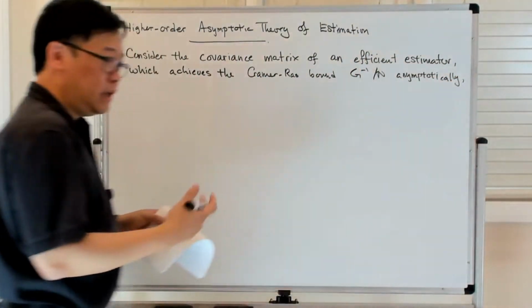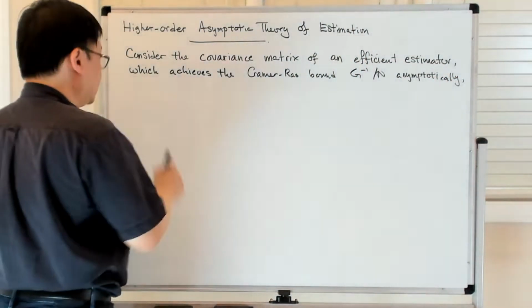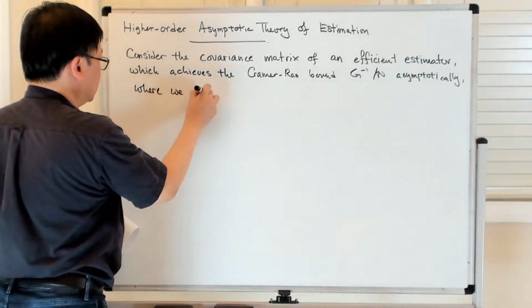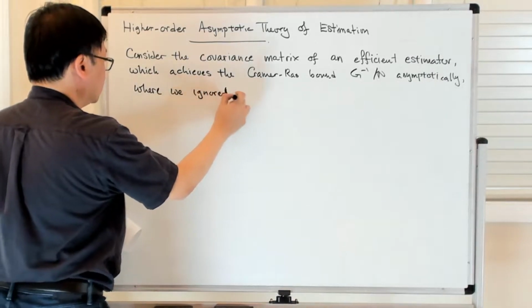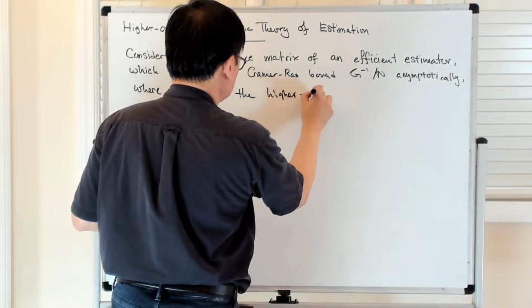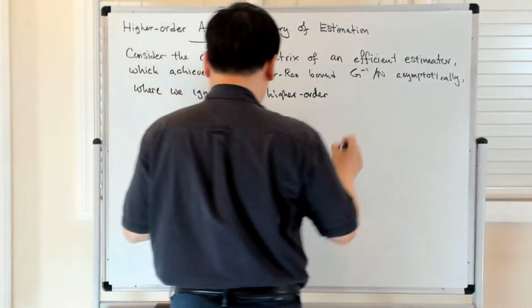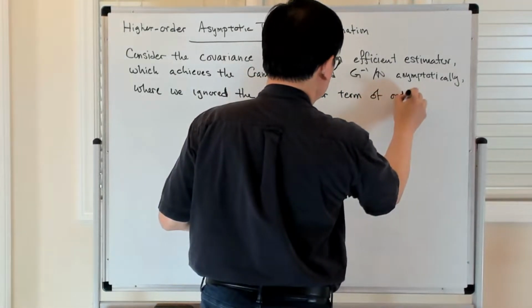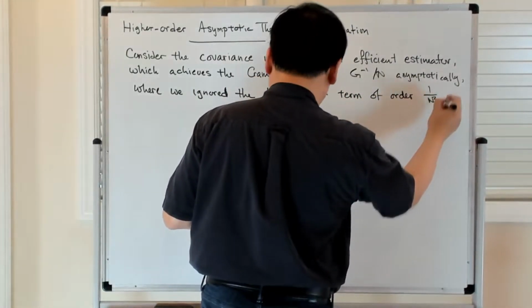Which is to say that we ignore these higher order terms, right? Which is of order 1 over n squared.